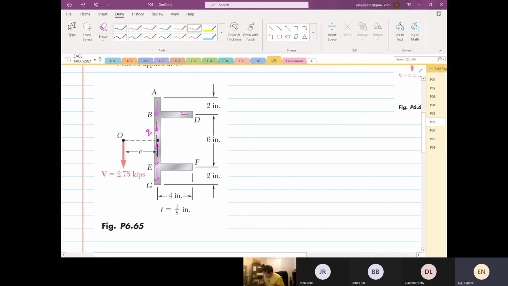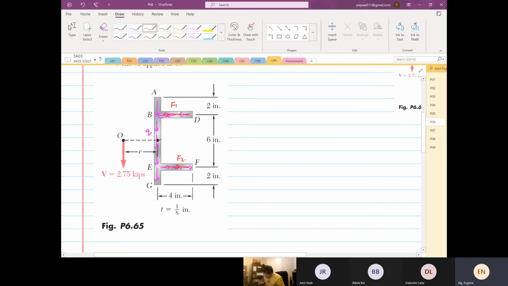When that's the case, then the Q will go this way. And so with this, I'm going to call this F1. So this is your F1 in this direction. And then this direction over here, this is F2.